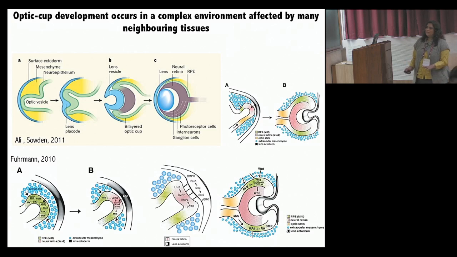So all I'm using this to highlight is that there are sources of signals like morphogens coming from here, morphogens coming from here, morphogens coming from here.